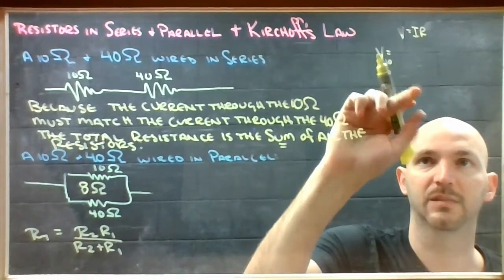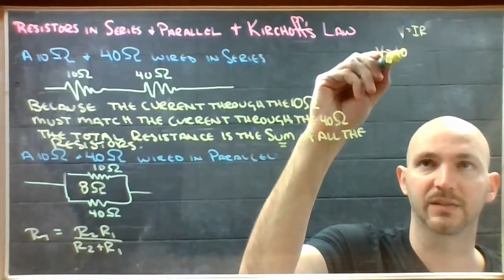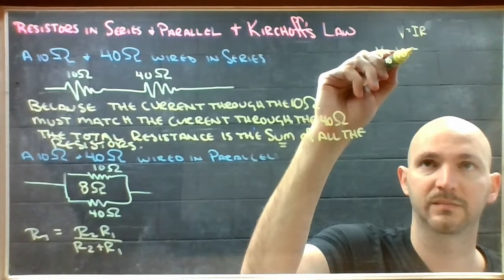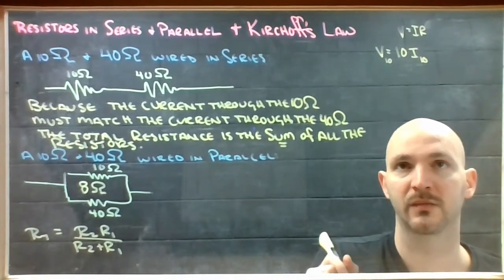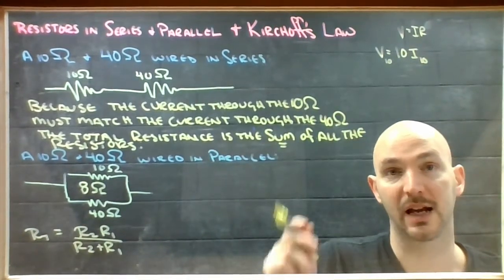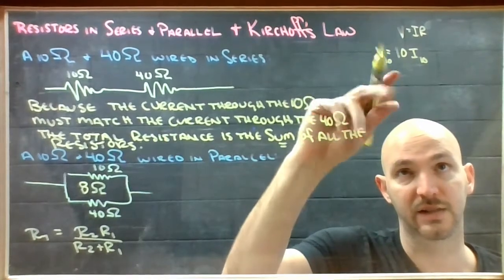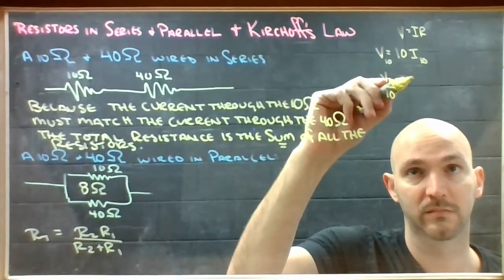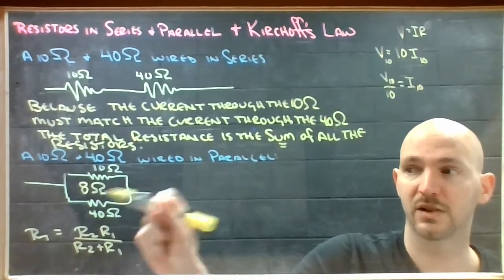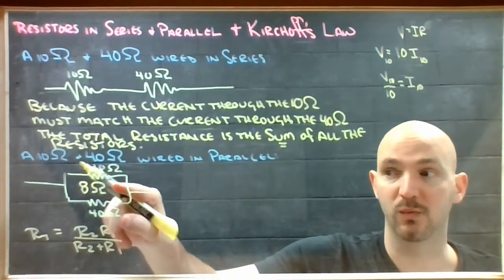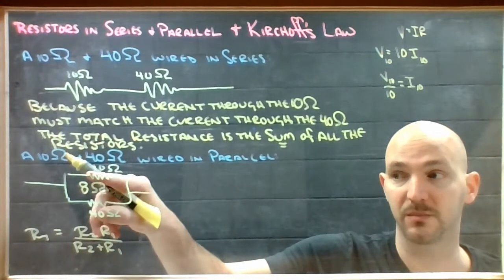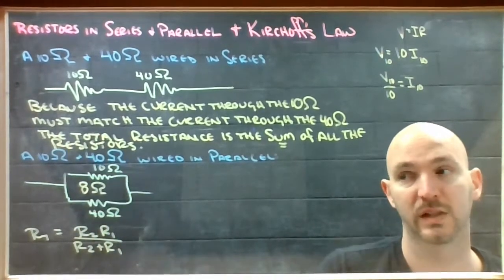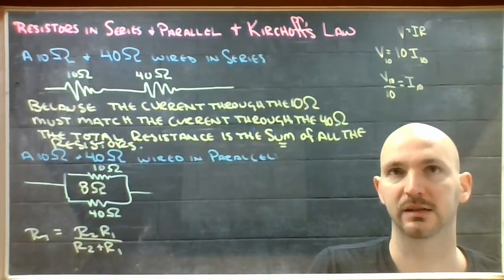I'm going to write them in this order so it's easier to see. Now if I were to try and calculate the current here, I just need to divide by 10. So the current passing through this thing is whatever the voltage is divided by the resistance. And that's just Ohm's law. We did that the other day.